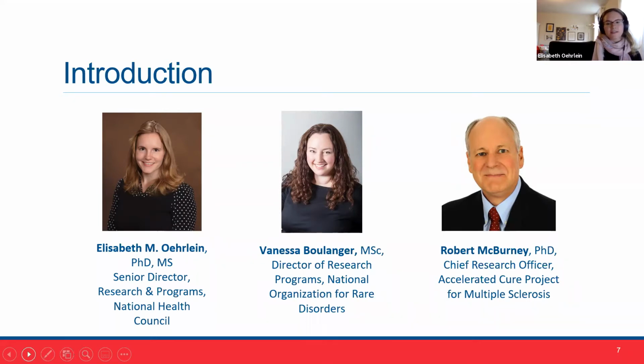Robert is the Chief Research Officer and former CEO of the Accelerated Cure Project for Multiple Sclerosis, which is a nonprofit organization accelerating multiple sclerosis research to improve the health, healthcare, and quality of life of people affected by multiple sclerosis. He's also the co-principal investigator of the iConquerMS People-Powered Research Network. So we're very excited to have both Vanessa and Robert joining us today. They're experts on patient registries and will be able to provide an introduction to patient registries generally, and also provide some case examples of the work that they're each doing. So with that, I'd like to turn it over to Vanessa.